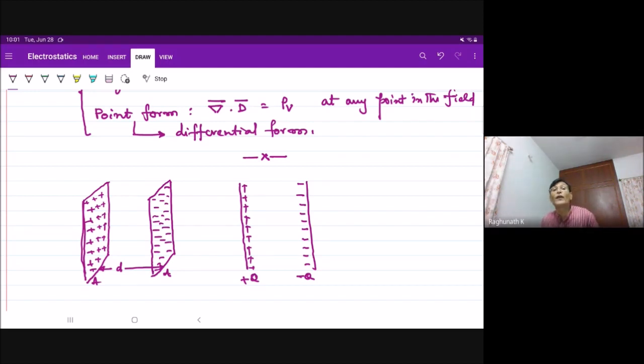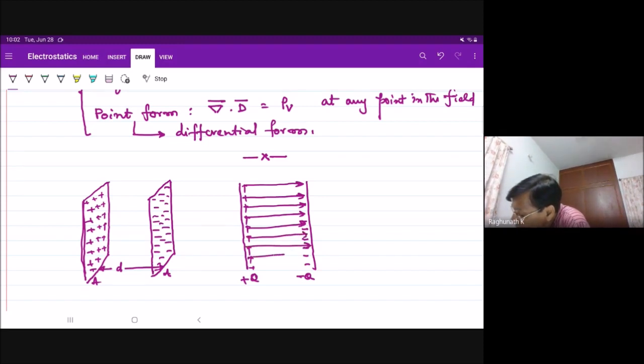And those electric field lines are flux lines. They start at positive charge in the direction perpendicular to the surface, and they also terminate on the negative charge in the direction perpendicular to the surface. See the most wonderful point about it here.